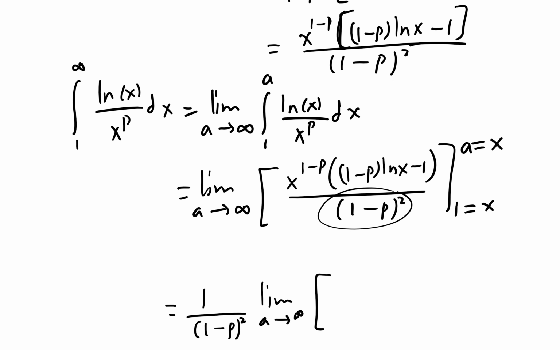You plug in x equals a first: a to the 1 minus p times 1 minus p natural log of a minus 1, minus substitute x equals 1, ln of 1 is 0, and 1 to that power is 1, times the other 1 inside, or negative 1, so it becomes minus 1.